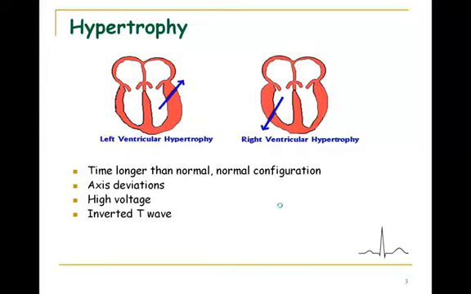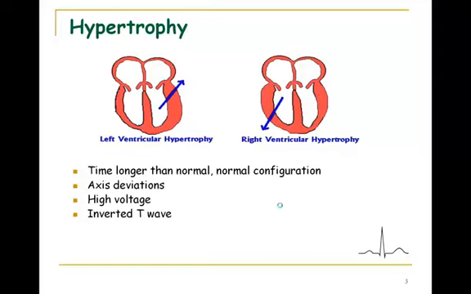A normal QRS duration is between 0.06 and 0.09 seconds. The configuration of the QRS complex will be completely normal because conduction through the ventricles is still within the normal cardiac conduction system. So the QRS configuration itself will be normal, it's just the duration that will be prolonged.